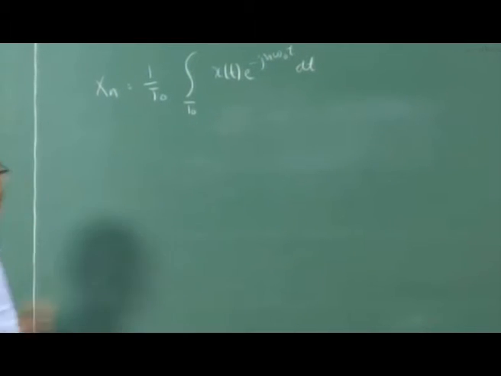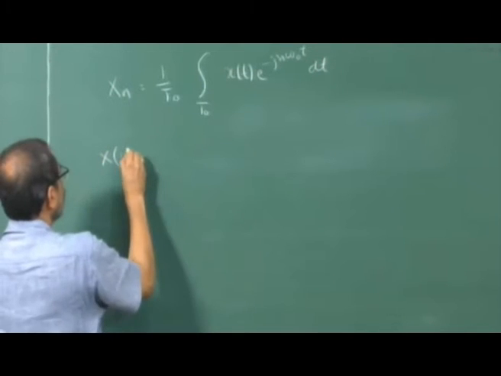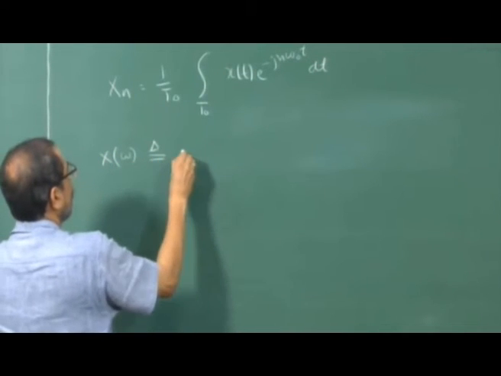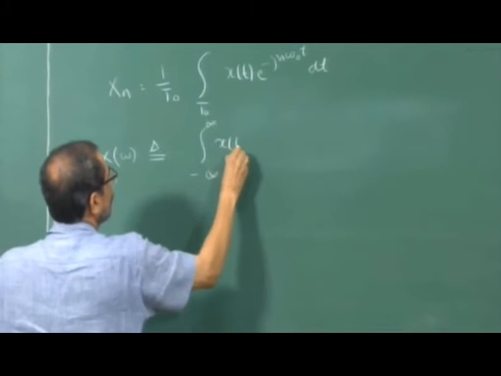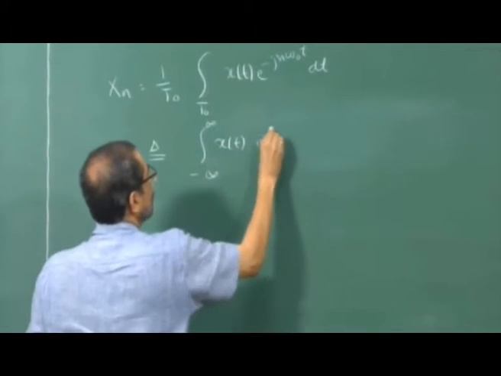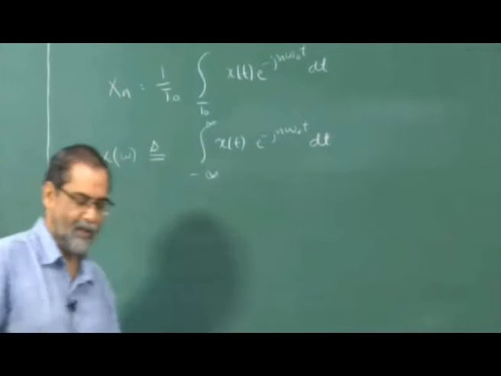Let me define x of omega. This is my new definition: integral from minus to plus infinity of x of t e raised to minus j omega t dt.